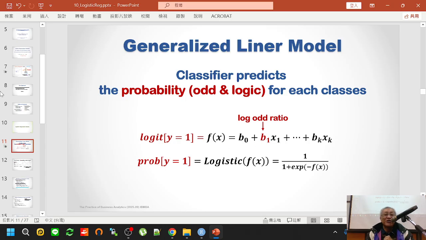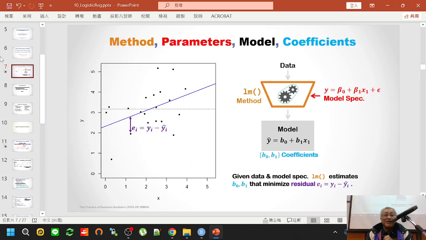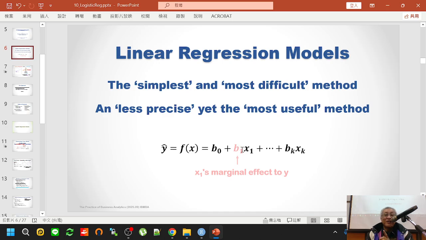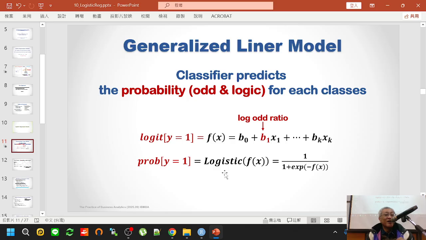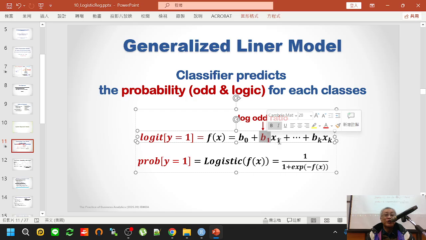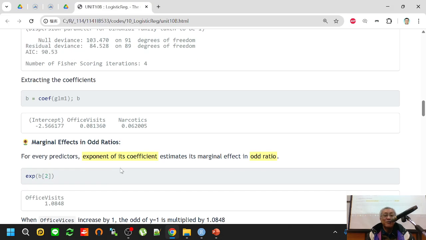In linear regression, B1 is the increment of y per increment of x. But for logistic regression, the coefficient still implies the relationship between x1 and the probability of y equal to 1, but the relationship is as I specify here.